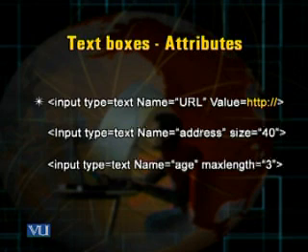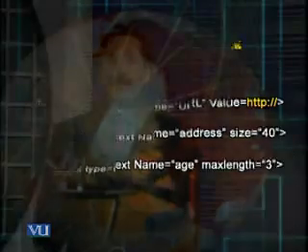So whenever a user opens a web form on which this text box is available, this information http:// would be pre-written. The user would not be required independently to type http://. That would be prefixed, pre-written to save the user's effort.